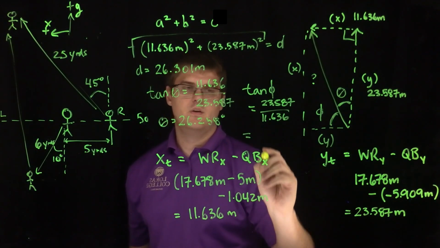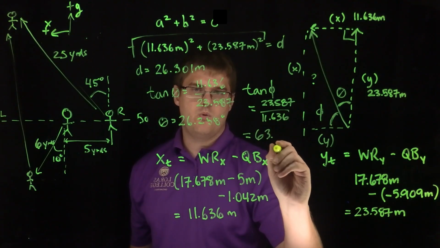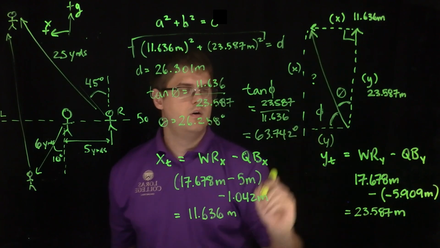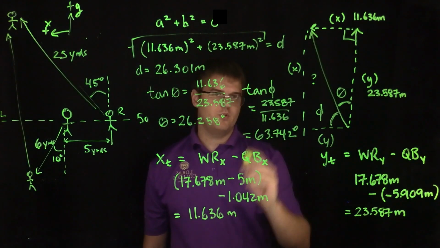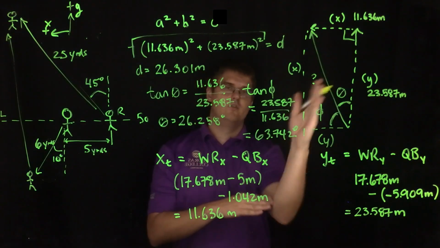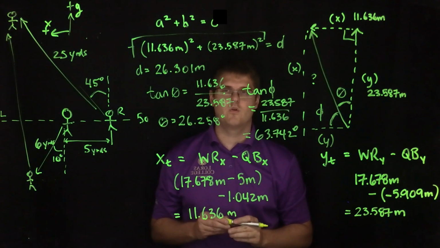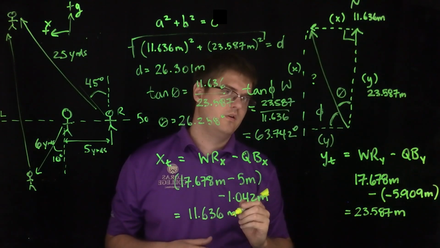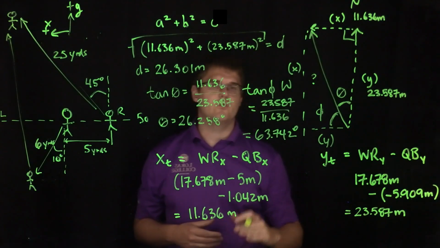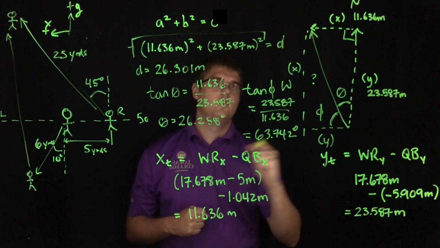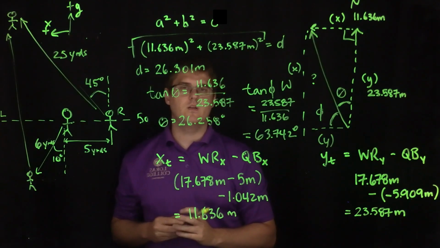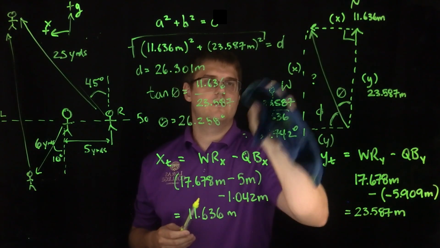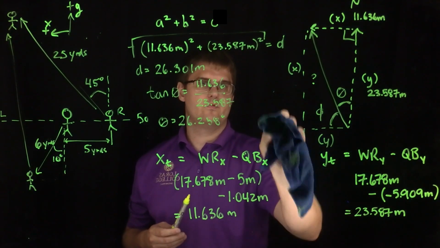So that is 63.742 degrees. And that will be 63.742 degrees straightforward of left. Or if we're talking about if this is north and this is west, this would be 63.742 degrees north of west, or 26.258 degrees west of north. So that is that guy.